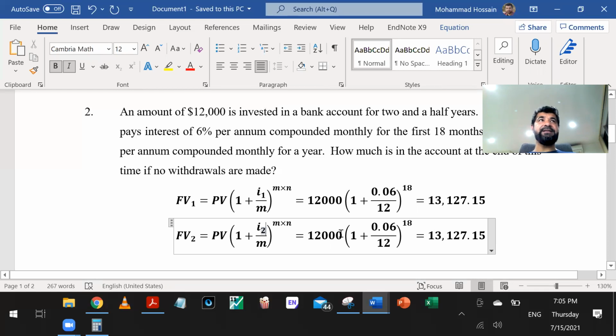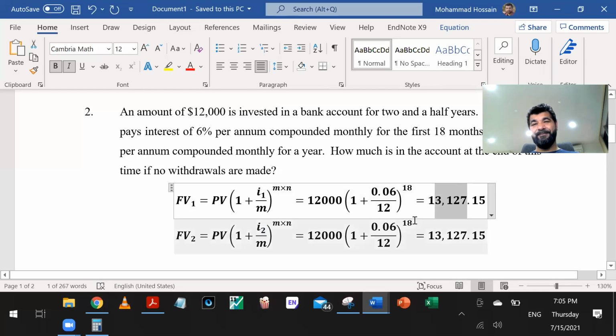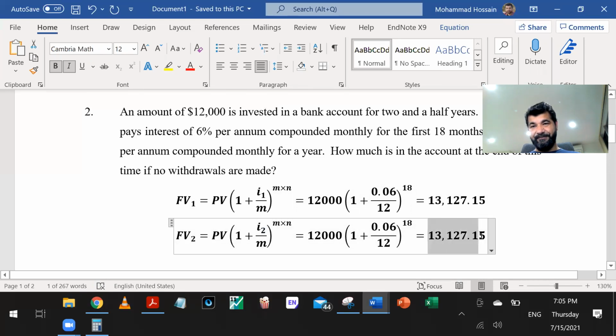For the second case, our present value is not 12,000 anymore. It will become 13,127.15.